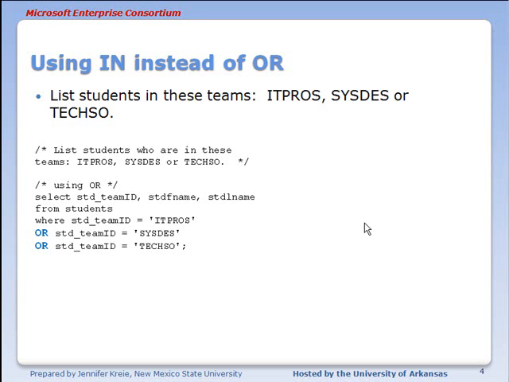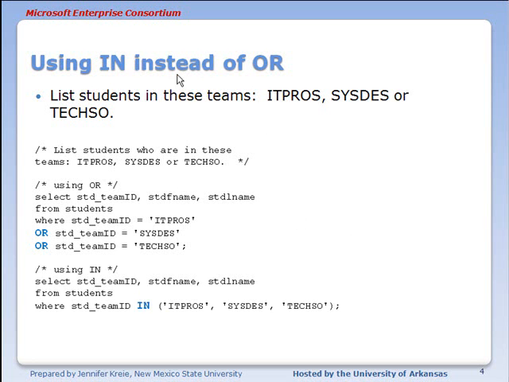An alternative to this is to use IN, where we simply say where student team ID in, and then in parentheses we list the evaluations that we want, or values that we want to compare against.